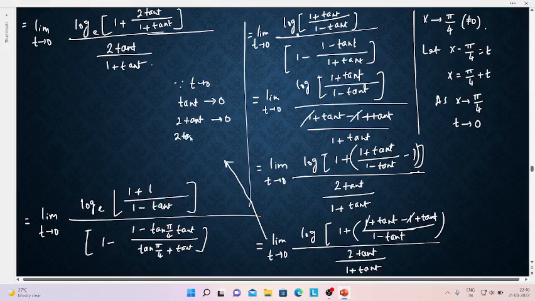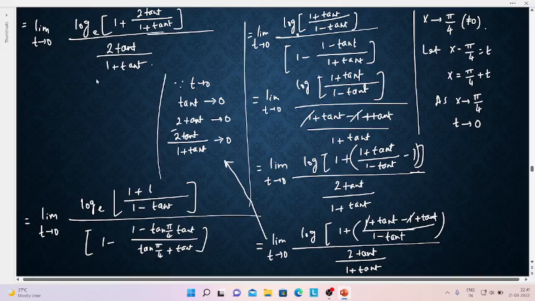So what about 2 tan t over 1 plus tan t? It should be 0, because the numerator will be 0 and the denominator will become 1, since 1 plus tan t is nothing but 1 plus 0, which is 1. So the denominator should be non-zero.